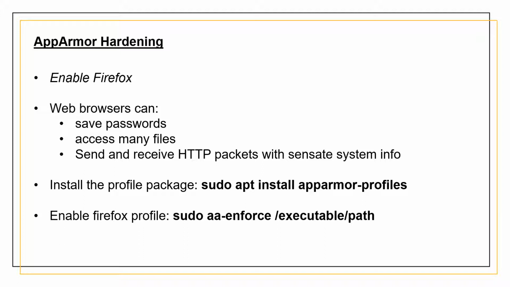This is the profiles package, and then you can enable it by the command sudo aa-enforce and the executable path that Firefox is in. Or you can choose to run it in complain mode first and see how you like it. And if you want to make changes to it, you can. That would be a good method as well.